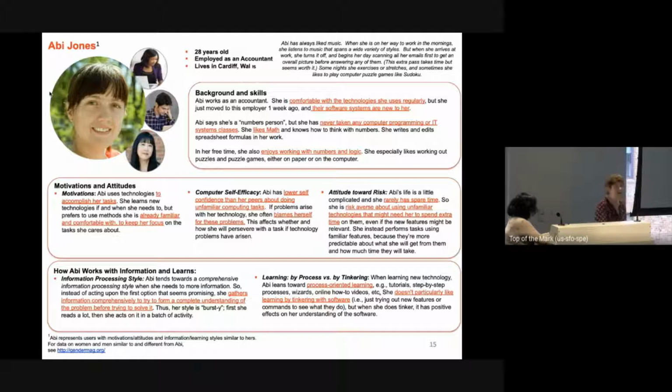So if we then tried to apply these 5 to, say, for example, age inclusiveness, it wouldn't do any harm. I mean, motivations, computer self-efficacy, attitude toward risk, that can never do any harm. But it wouldn't do the job really well either, because one of the facets we'd really want to think about in age inclusiveness is, say, for example, working memory.